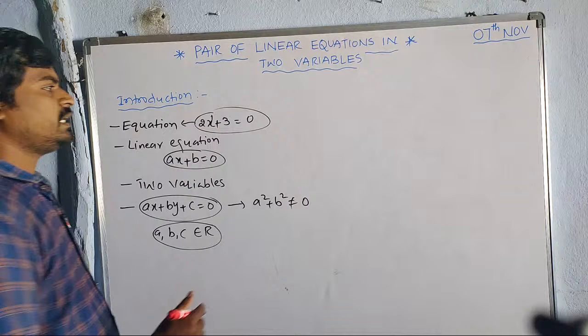So friends, here a1 by a2 not equals to b1 by b2, then which type of lines do we get? Intersecting or parallel or coincident. It is the first condition, you know very well.